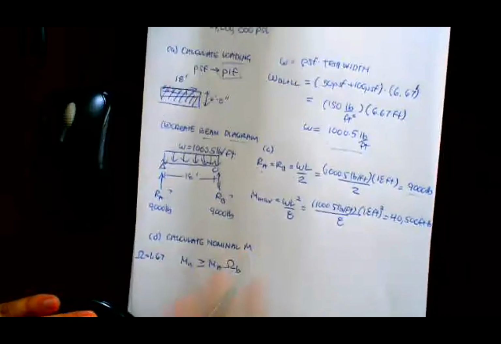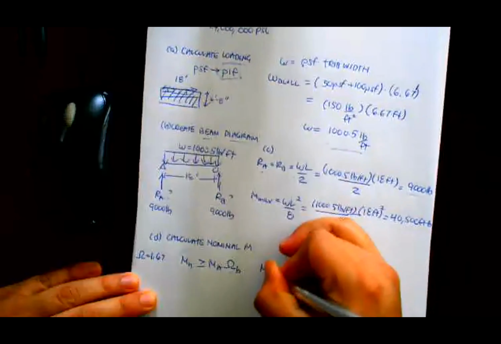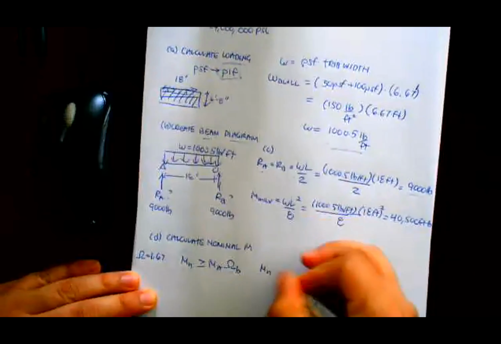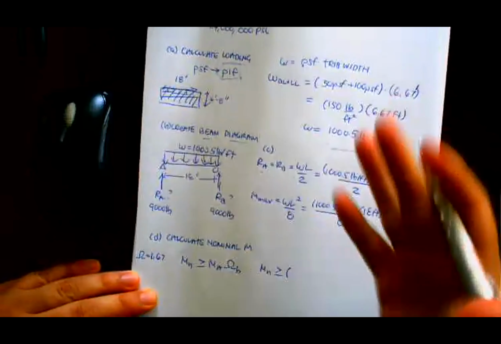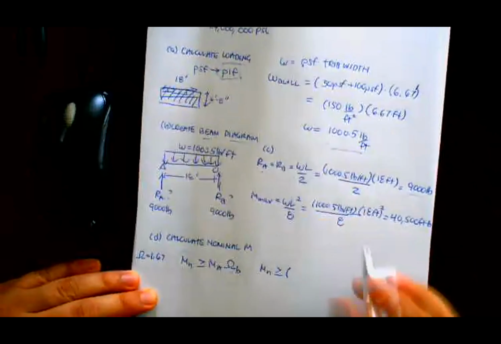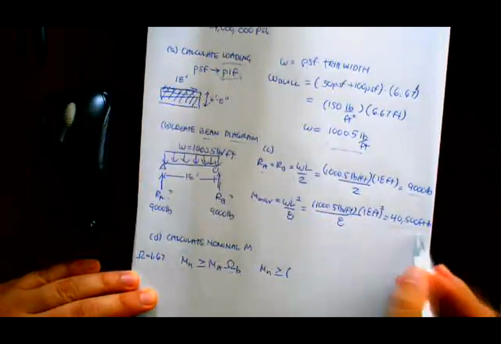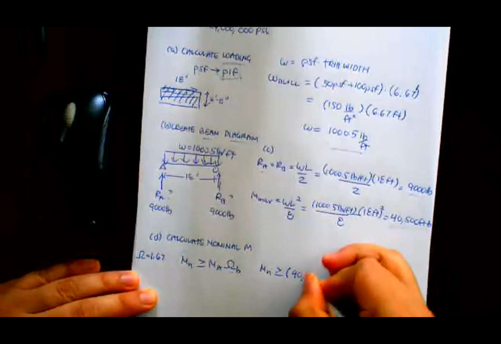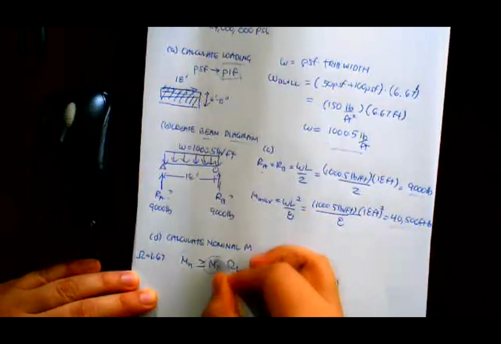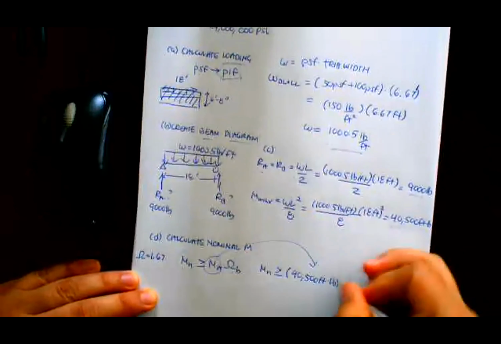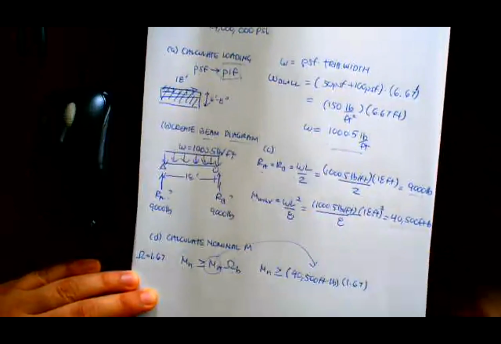So the formula is telling me that your nominal moment better be greater than or equal to the amount of load that's actually on the building, which is the amount of moment created by the building, which is that 40,500 foot-pounds. I'm just plugging and chugging, times the 1.67.